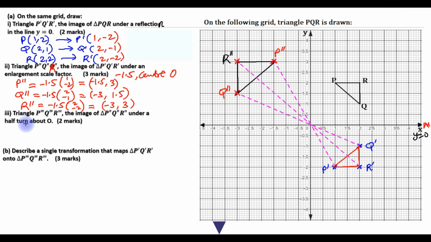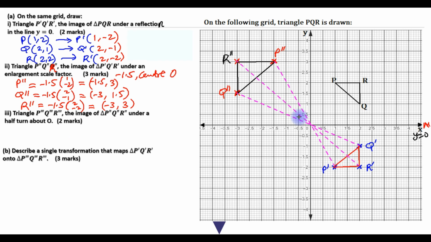Then triangle P triple prime Q triple prime R triple prime, the image of triangle P double prime Q double prime R double prime under a half turn about the origin. So there is a half turn, or a rotation of 180 degrees about the origin.